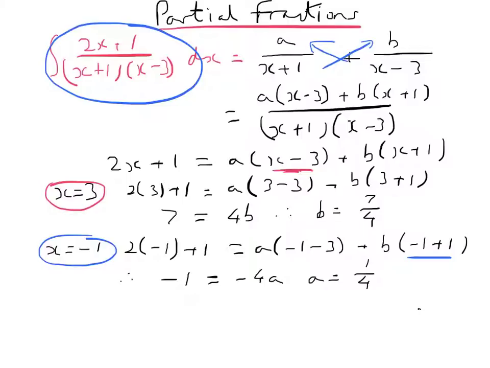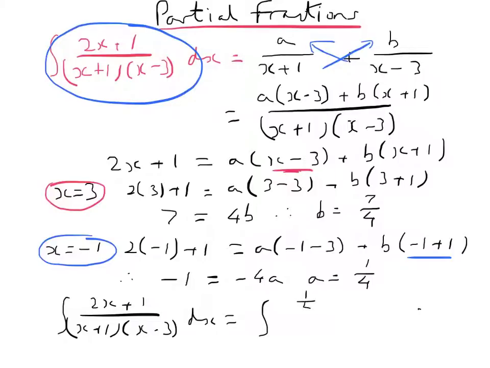So that means that the integral of 2x plus 1 over (x plus 1)(x minus 3) can actually be written as the integral of a quarter over x plus 1 and 7 on 4 over x minus 3.